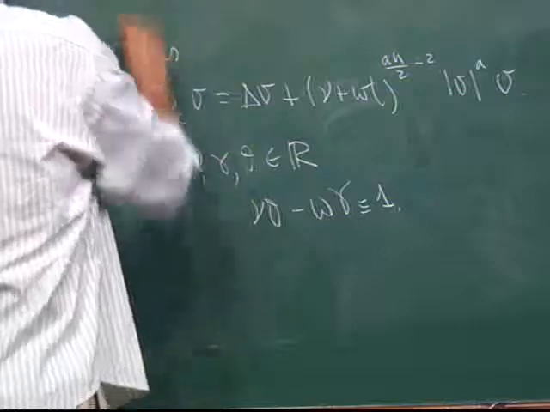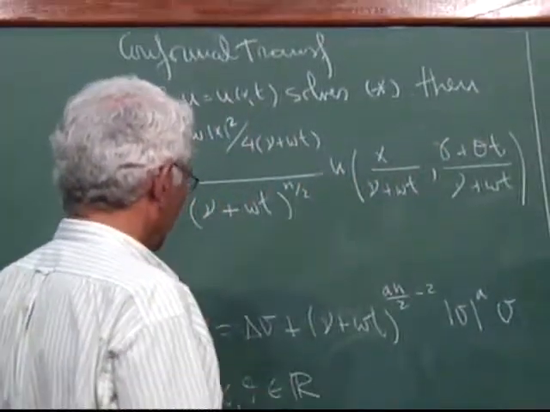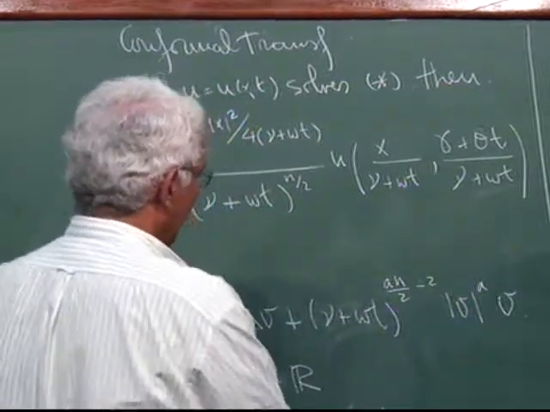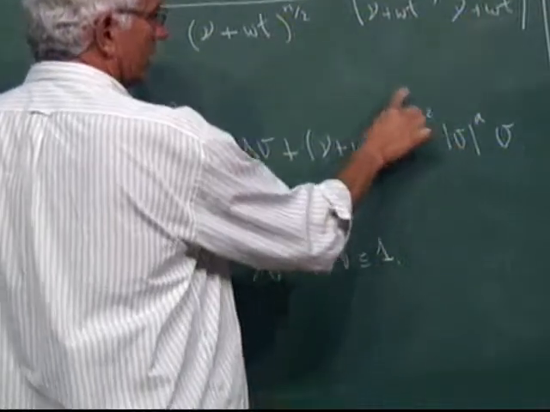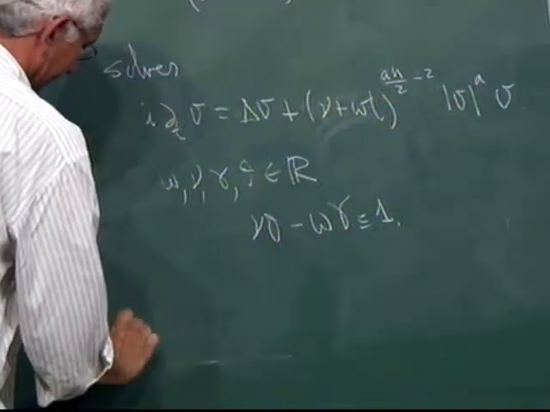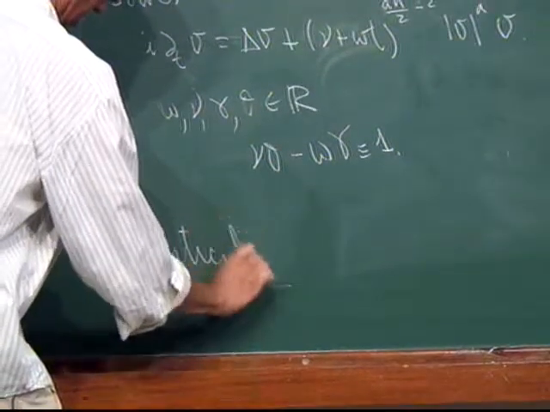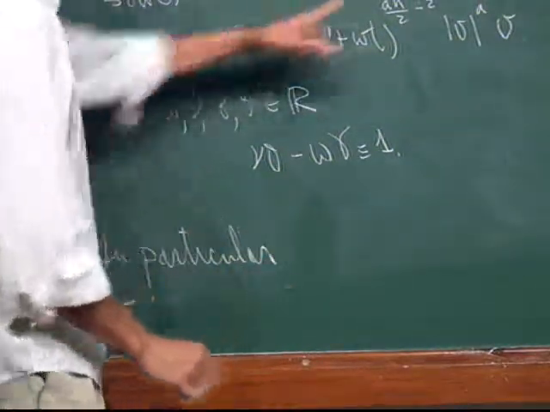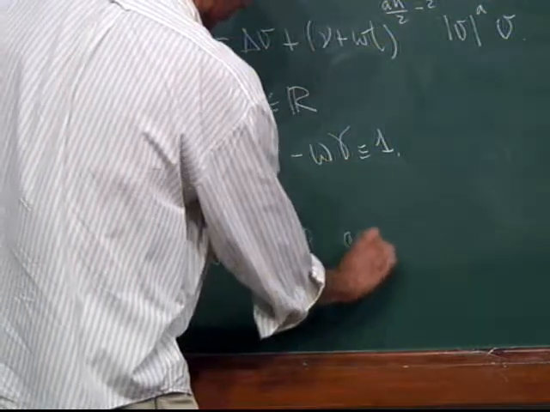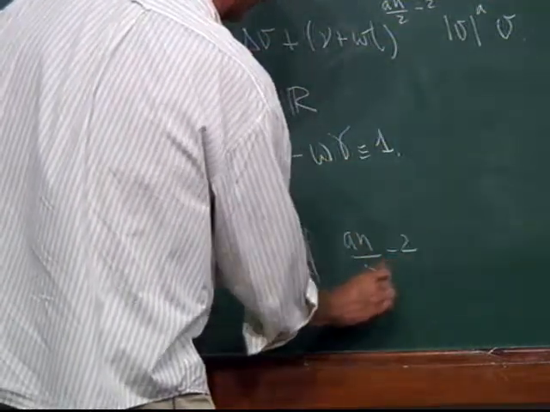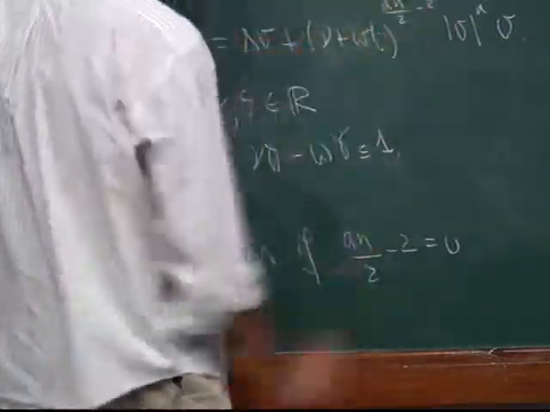If this is a solution, this new function is also a solution. In particular, if this quantity is 1, and if this one is 0, you don't have this part and you have the same equation.